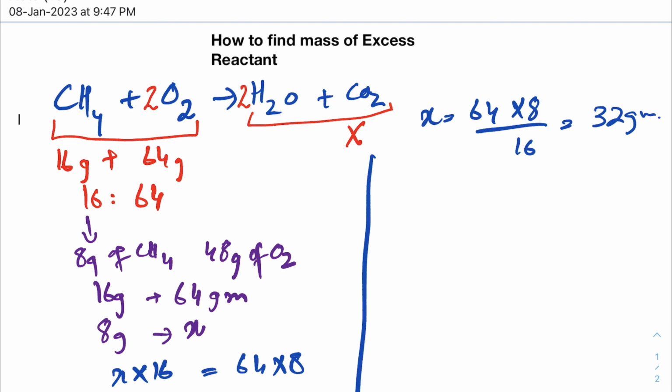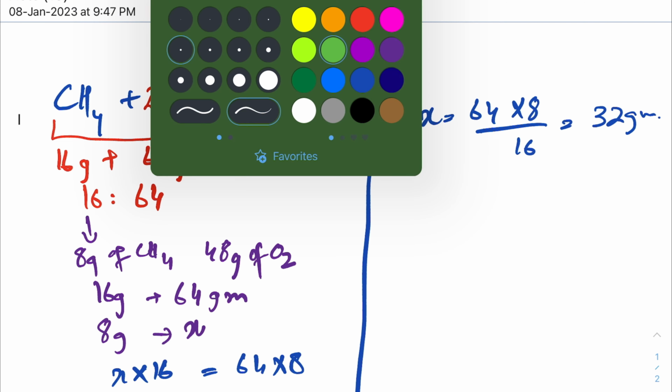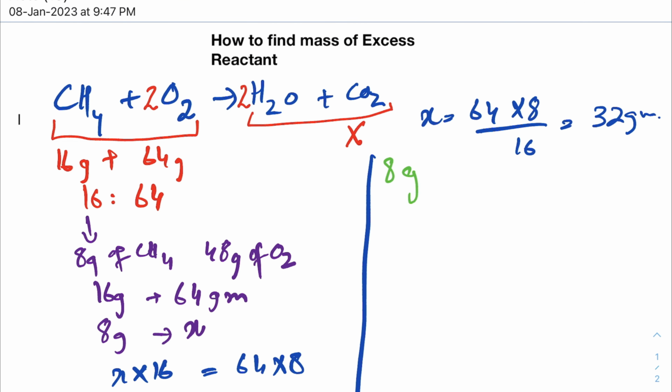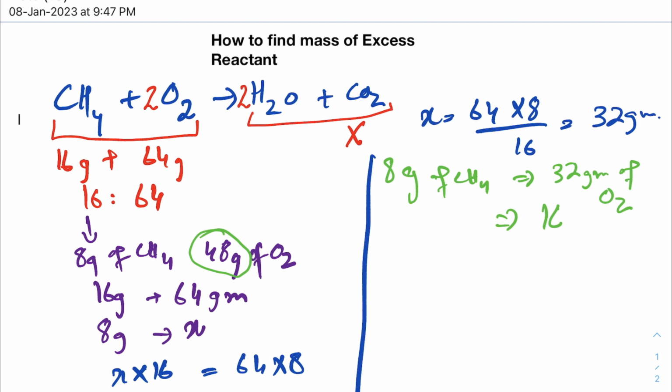So we conclude that for 8 gram of methane, CH4, we require 32 gram of oxygen. In the question, we are given 48 gram of oxygen. This means that we are left with 16 gram of oxygen.